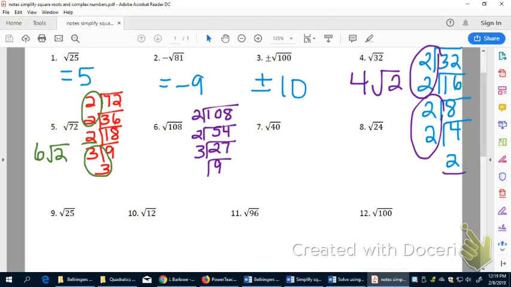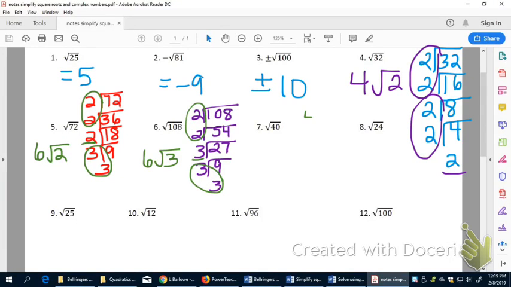I have 9, so I'm going to divide 9 by 3, and then I'm going to get a 3. Am I done? Okay. So I'm going to circle my 3 and my 2, and I have a 3 left over. So what goes on the outside? 6. 2 times 3. And what goes on the inside? 3.